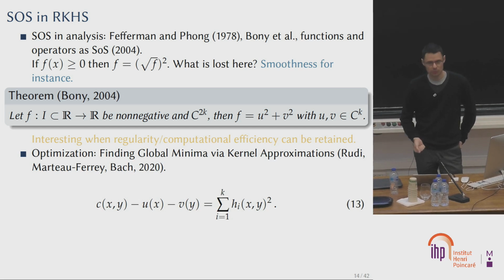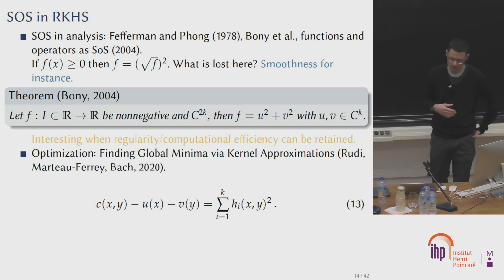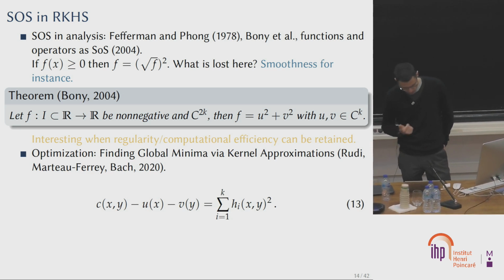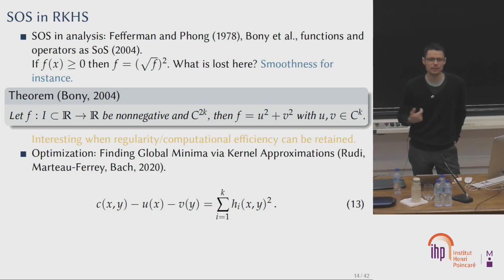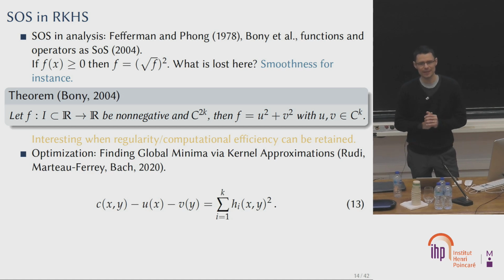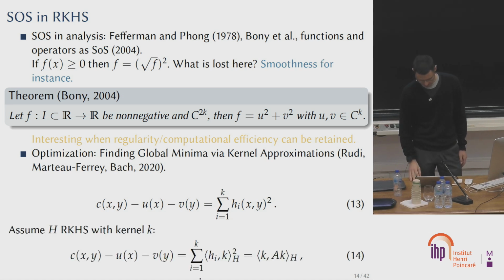So for instance, for smoothness, there is a result by Bony which tells you that if you start with a C^{2k} function on an interval, which is non-negative, then you can write it as a sum of two squares, but what you lose is regularity. Okay? So it's not given that you can still optimize on a space of nice functions when you write it as a sum of squares. And so you need to work a bit to find this kind of results.